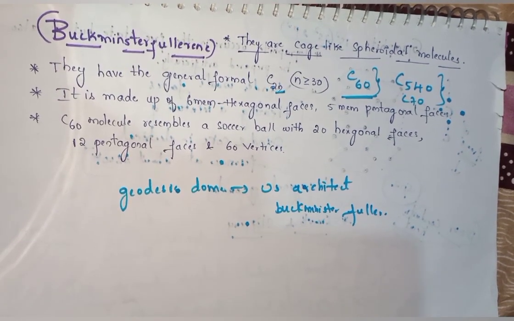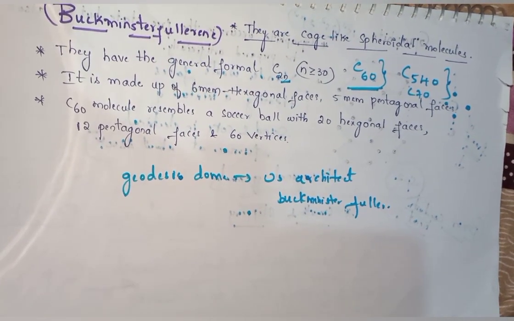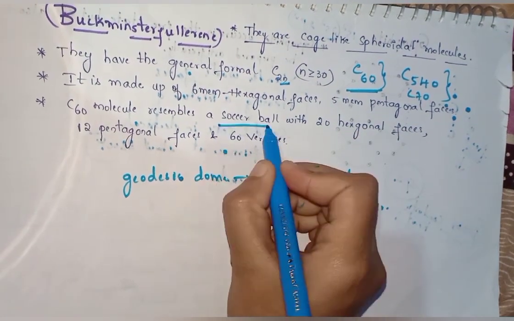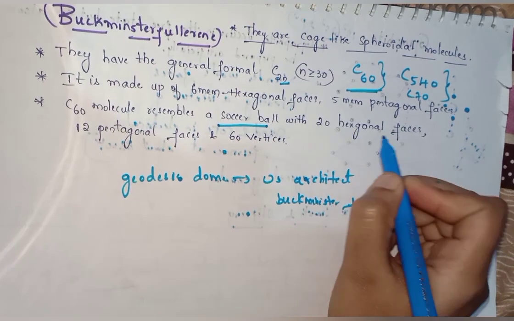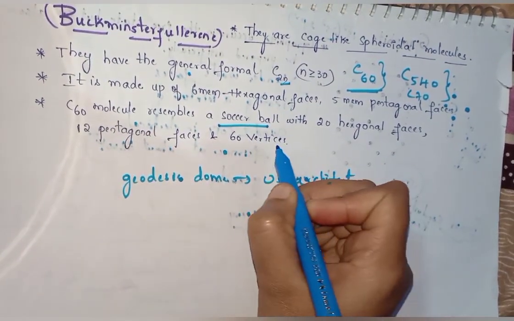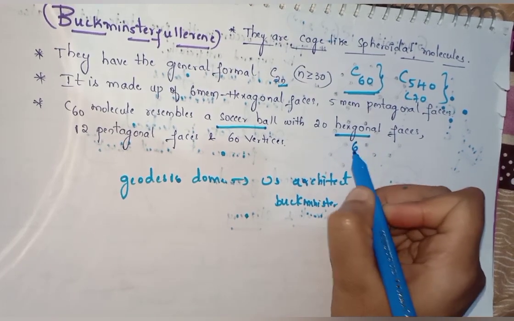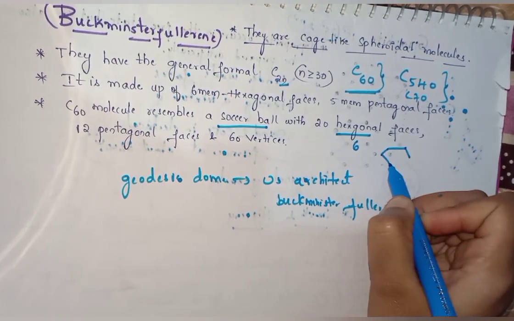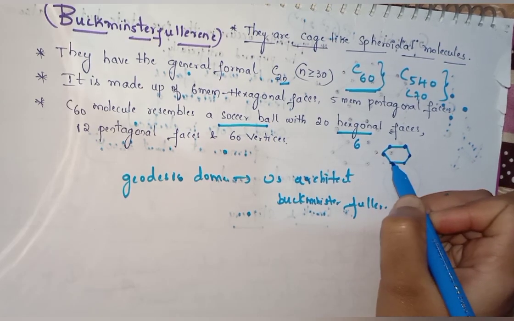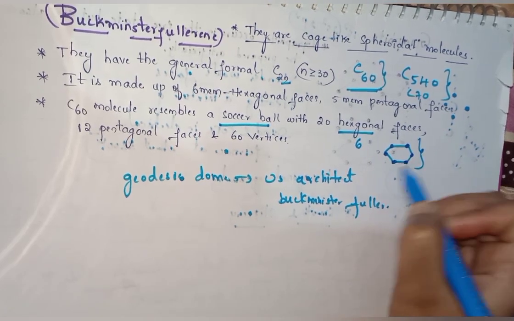So in the C60 molecule, it resembles a soccer ball with 20 hexagonal faces, 12 pentagonal faces and 60 vertices. Hexagon means 6-faced. Look at the picture, you will have a good idea. So here it is a hexagonal face.